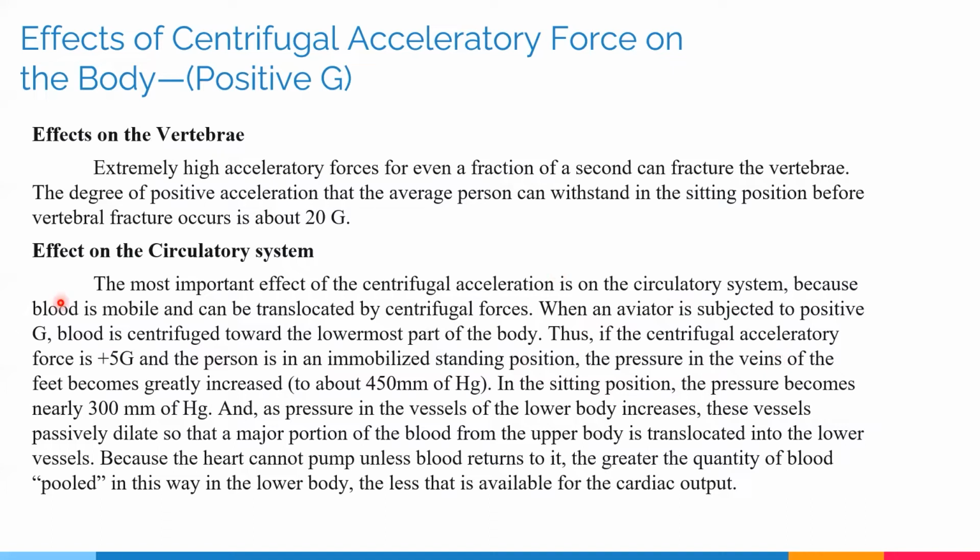Thus, if the centrifugal acceleratory force is plus 5G and the person is immobilized in a standing position, the pressure in the veins of the feet becomes greatly increased to about 450 millimeters of mercury. In the sitting position, the pressure becomes nearly 300 millimeters of mercury. As pressure in the vessels of the lower body increases, these vessels passively dilate so that a major portion of the blood from the upper body is translocated into the lower vessels.